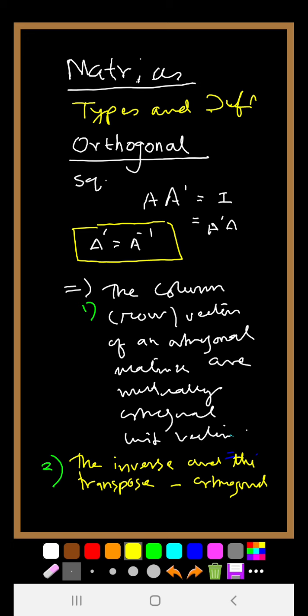That means if A is orthogonal, then A inverse is also an orthogonal matrix and A transpose is also an orthogonal matrix.